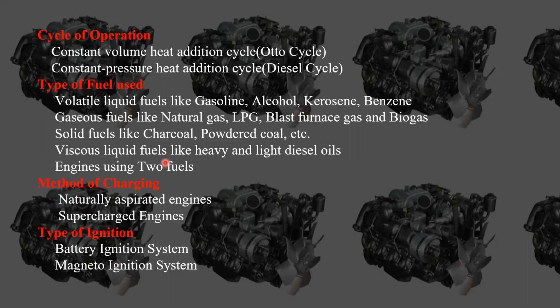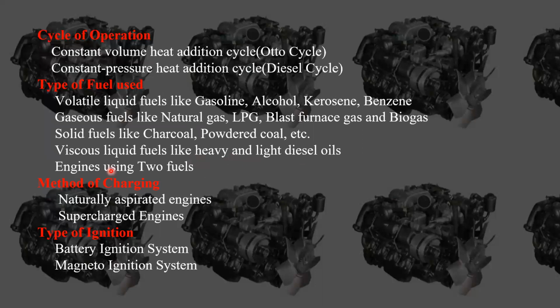So in volatile liquid fuels we send the fuel in combination with the air, but in viscous liquid fuels we send it separately. After the air gets some pressure and temperature through compression, we inject the fuel into the diesel engine. The oils used under the classification of viscous liquid fuels are diesel oils, whether heavy or light.